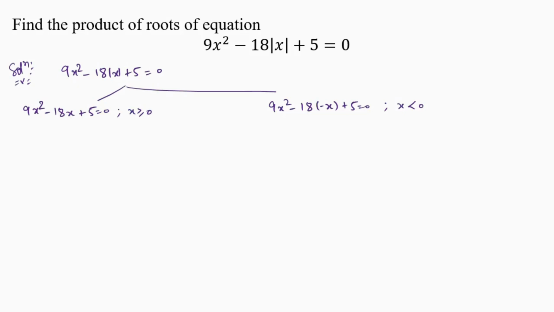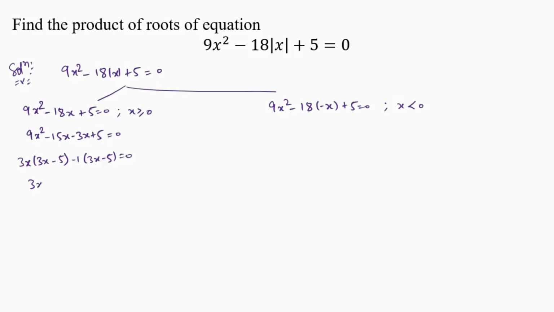So from the first case we have 9x squared minus 18x can be written as minus 15x minus 3x plus 5 equals to 0. Take 3x common, so we get 3x minus 5, and from the last two terms take minus 1 common, we get 3x minus 5 equals to 0.